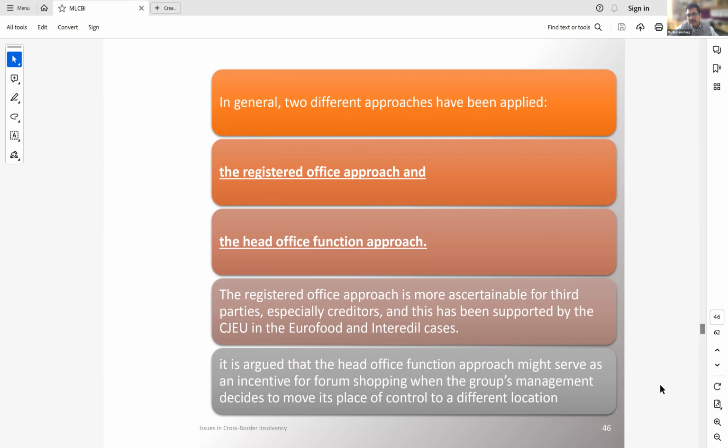But the registered office may have some activities, some assets located, and there can be a holdco and there can be control at the place of holdco. However, the decision is to be made whether the registered office may be considered to be the COMI, or whether that presumption can be rebutted.